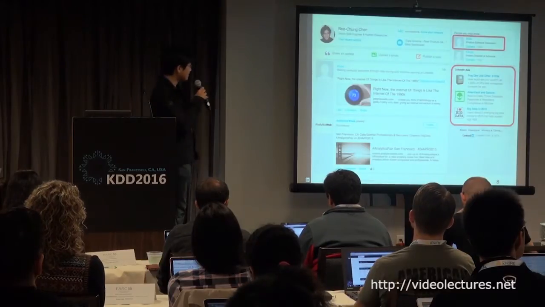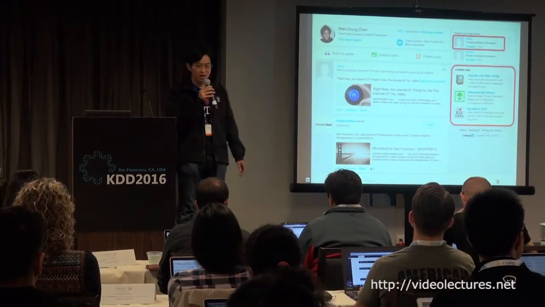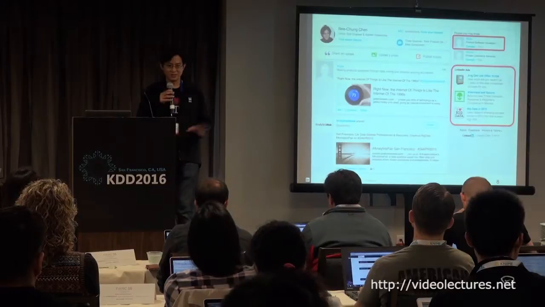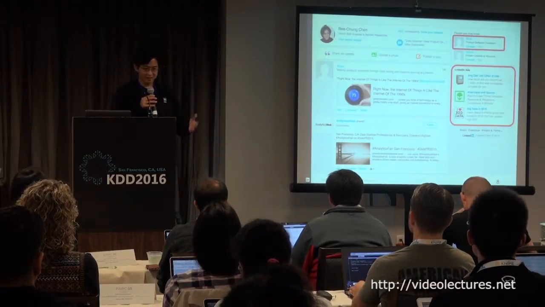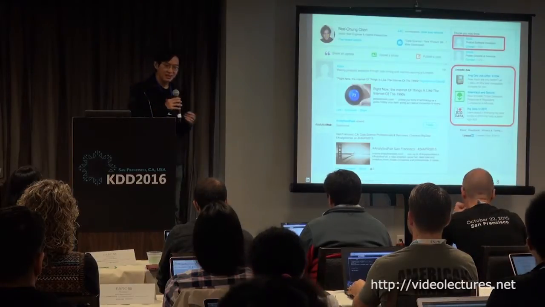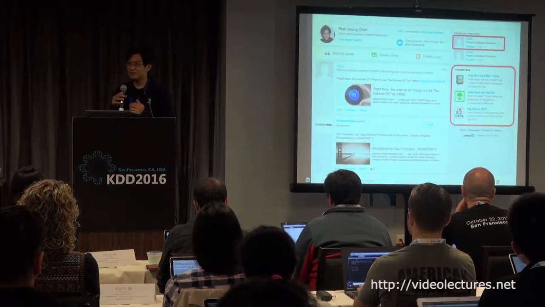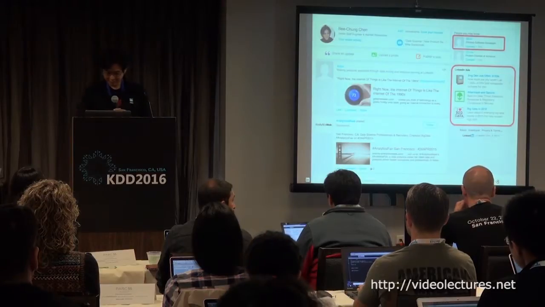Then below that, there is a LinkedIn ads module, in which we, to some extent, also recommend advertisements to the user. Here, items are advertisements, and the objective is to maximize revenue.